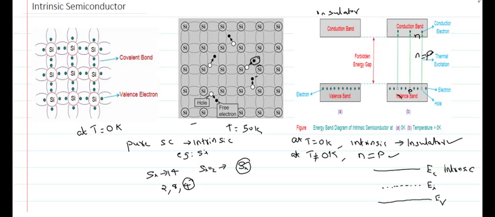Also, some equations come in intrinsic semiconductors. If a steady state carrier concentration is maintained, then there must be some recombination of electron-hole pairs at the same rate at which they are generated.